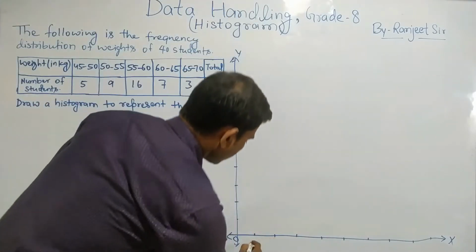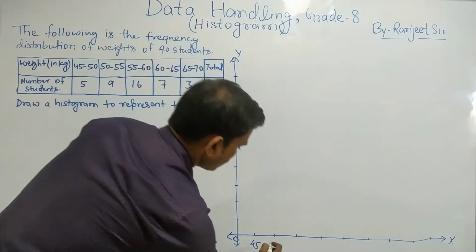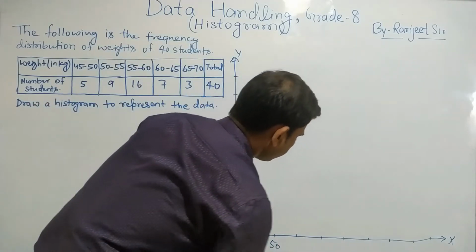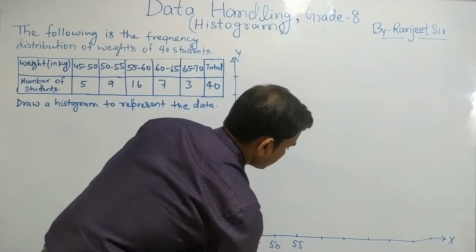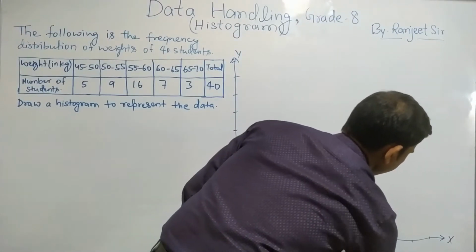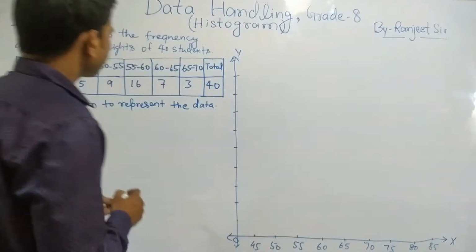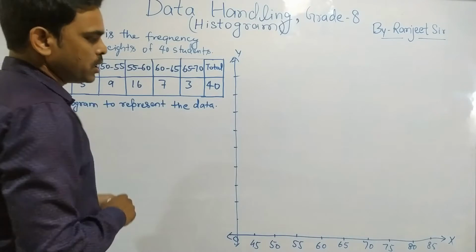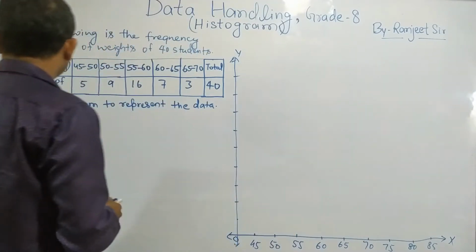So writing 45 to 50, so 50 I'll write here. Then the next are 55, 60, 65, 70, 75, 80, 85, like this you can do. I have required till 70 only, but it doesn't mean that I'll not write the next. There is no problem in doing that.